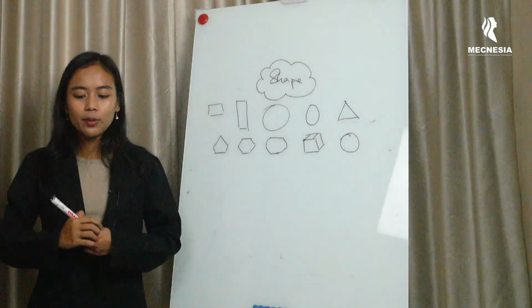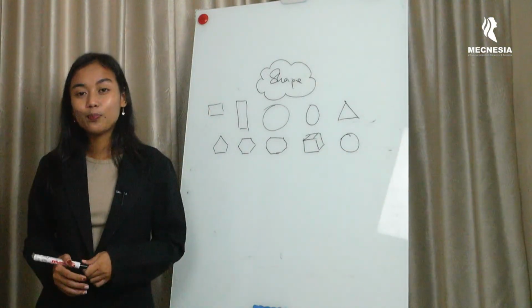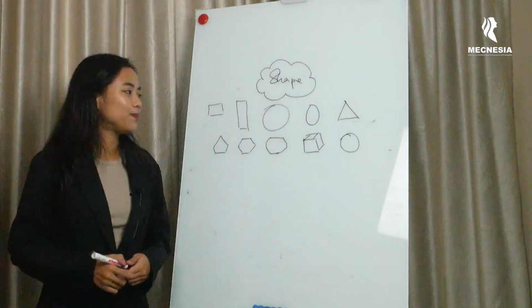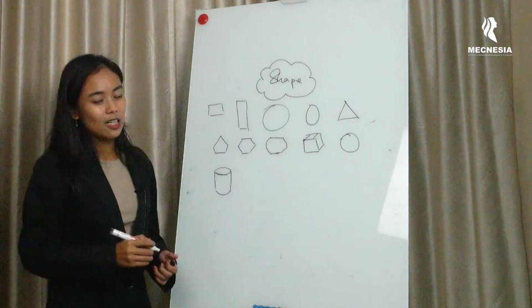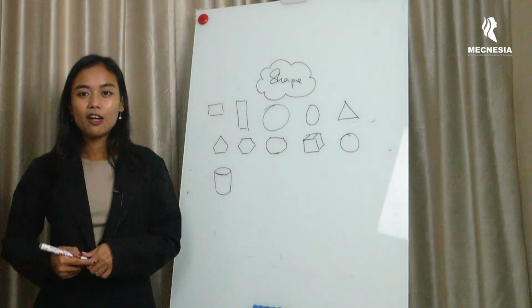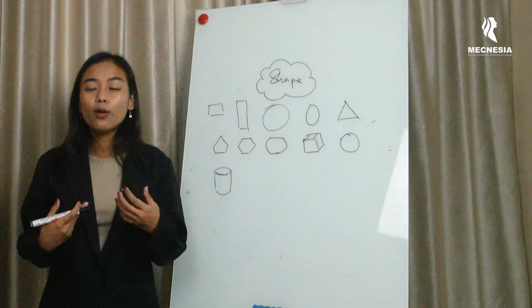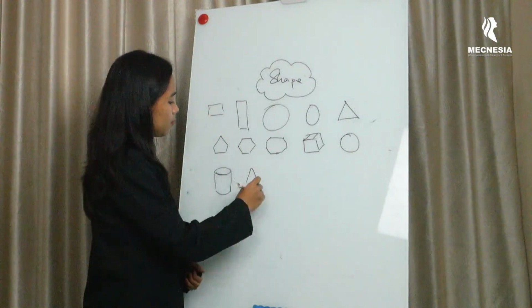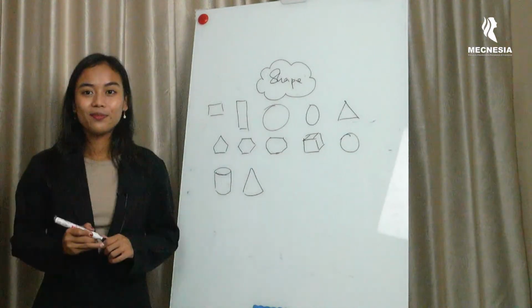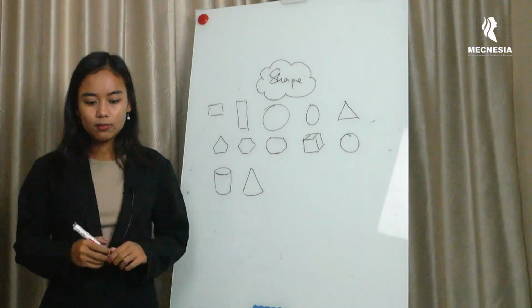And then the next one we have cylinder. Cylinder means cylinder. And then next we have cone. Dia kerucut.